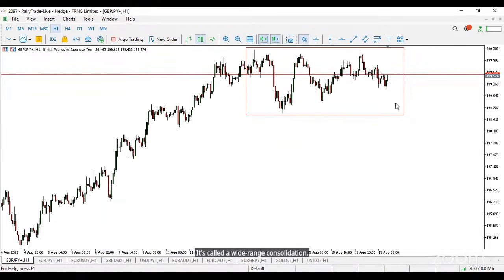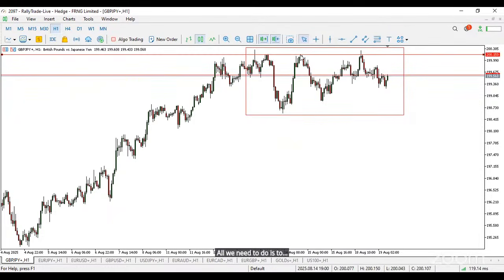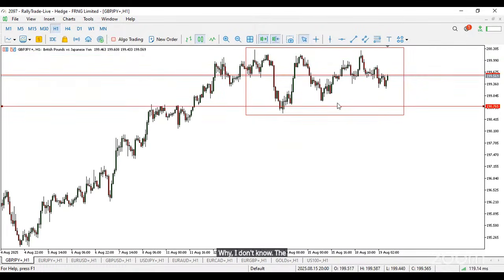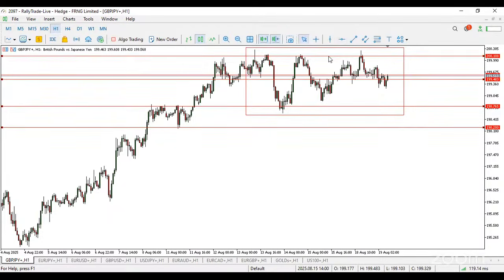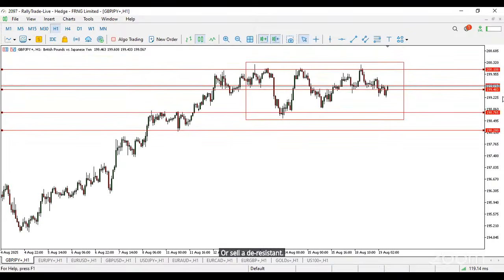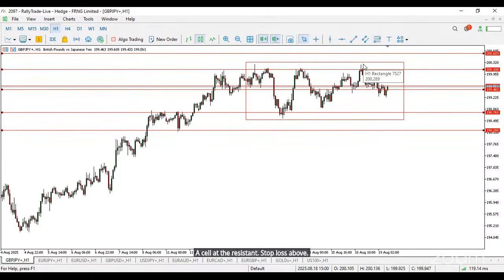It's very much tradable. All we need to do is to buy at the bottom, buy at the low of the consolidation, stop loss below. You buy limits within this area, stop loss below, and take profit at the middle, or sell at the resistance, stop loss above, and then take profit at the middle.